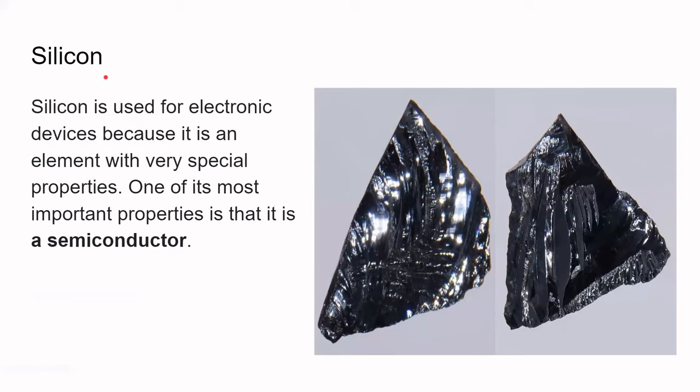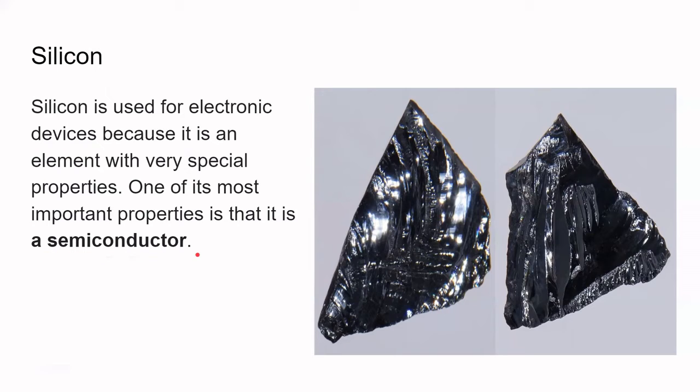silicon. Where is silicon found? It is most commonly found in sand, our common sand. And silicon is a very special element. It is used in electronic devices. Why? Because it has a special property. It is called a semiconductor.